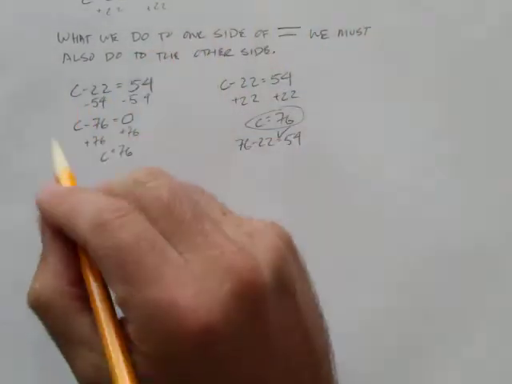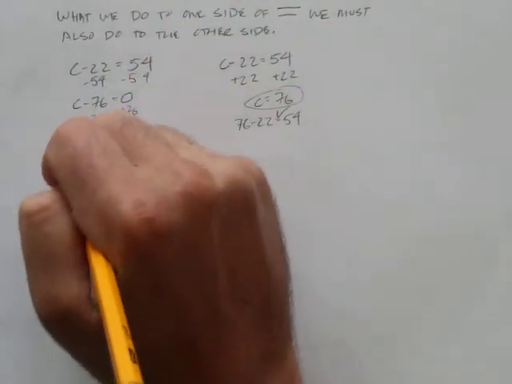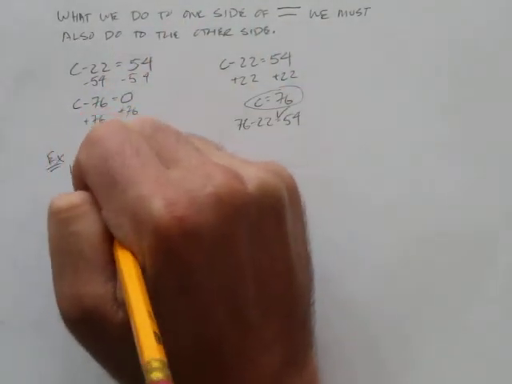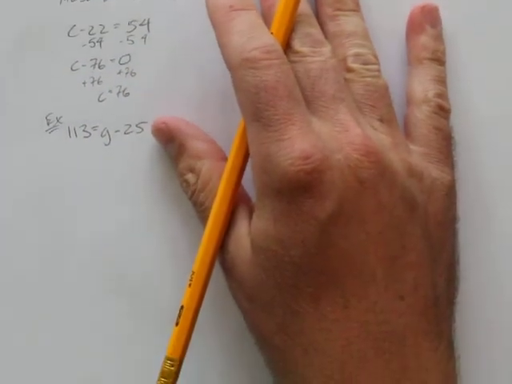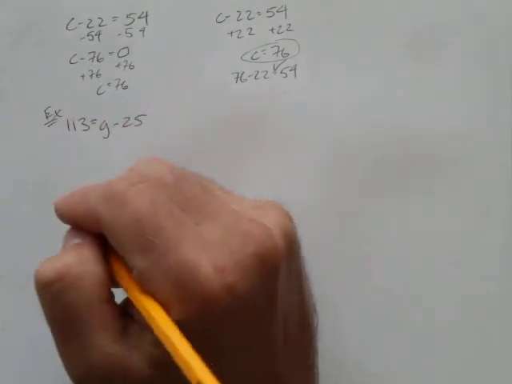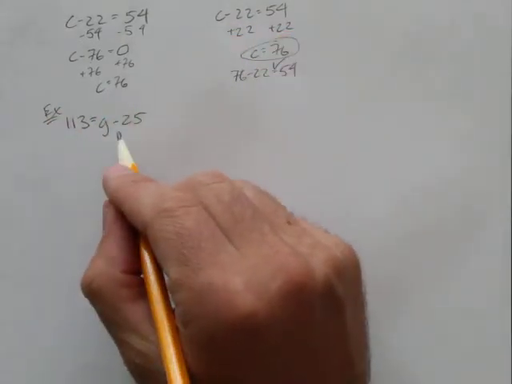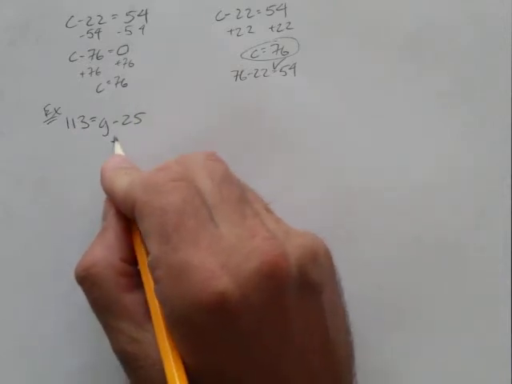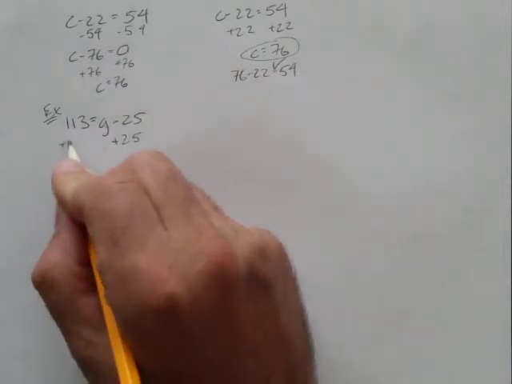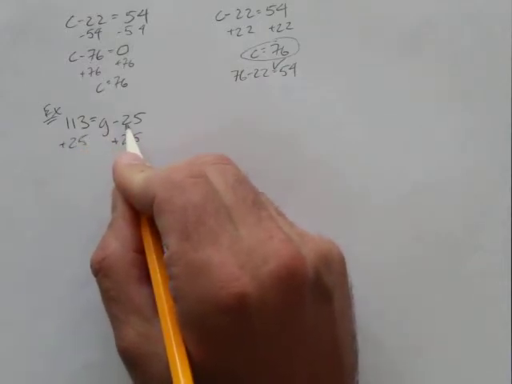Let's do another example. 113 equals g minus 25. I want g to be by itself, so I'm going to add 25 to both sides, because this 25 is being subtracted there.